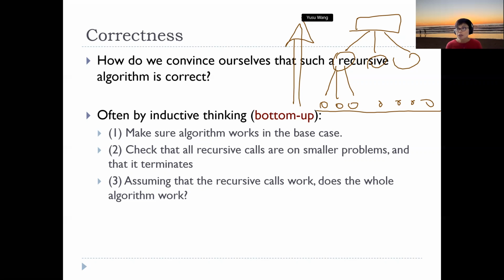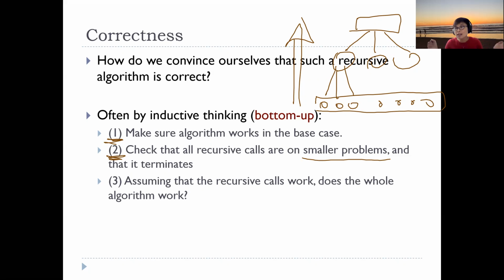Okay, you first figure out what is the base case of this algorithm. That's step 1. Make sure that in the base case, when you solve it, we are doing it correctly. Step 2, you have to convince yourself that as you continue to recurse down, the problem is getting smaller.